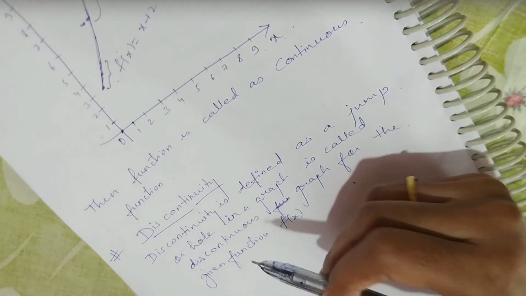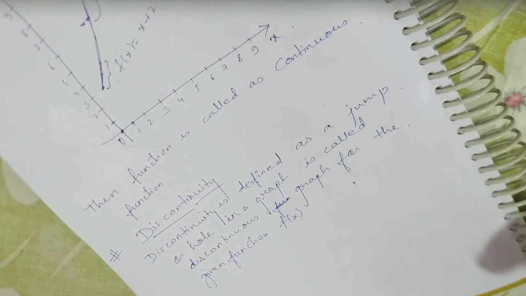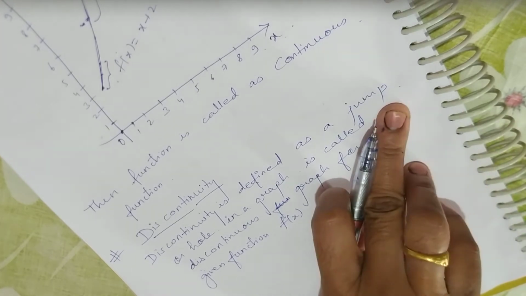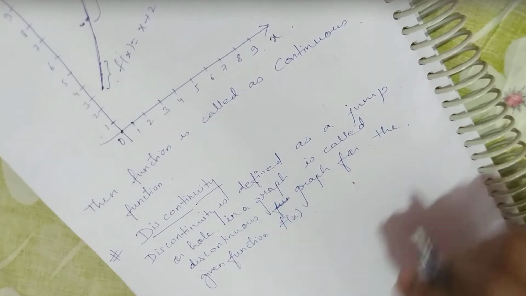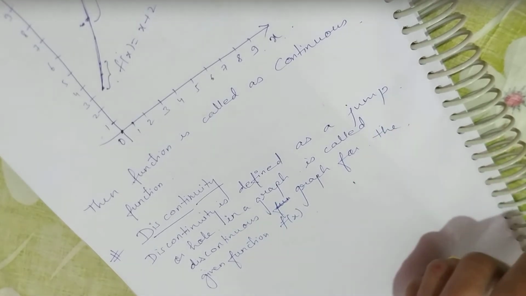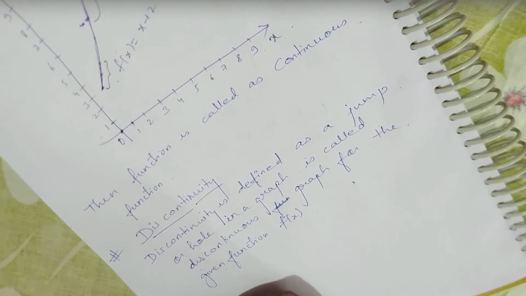Here I discussed that discontinuity is defined as: if there is a jump or hole or a gap in a graph for the function f of x, then it is called a discontinuous graph. There are 2 types of discontinuities.